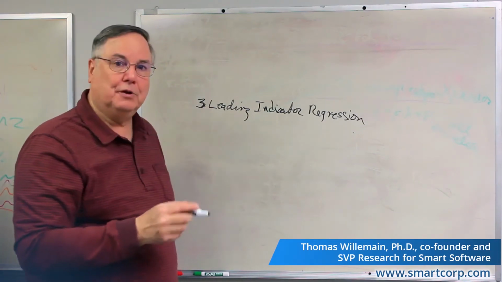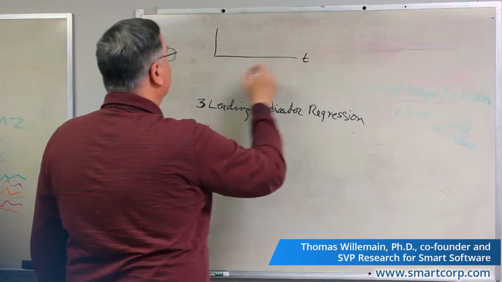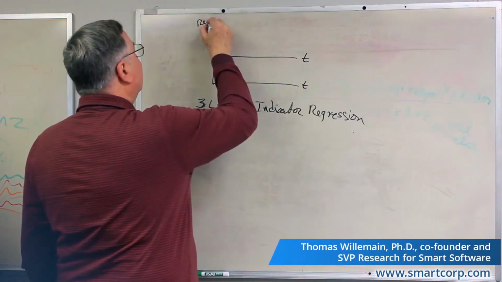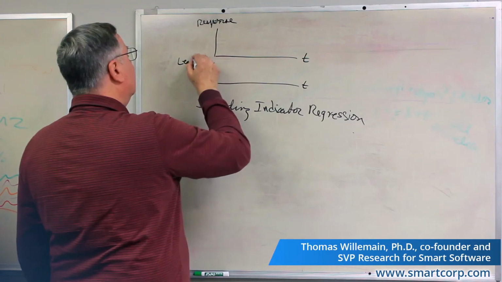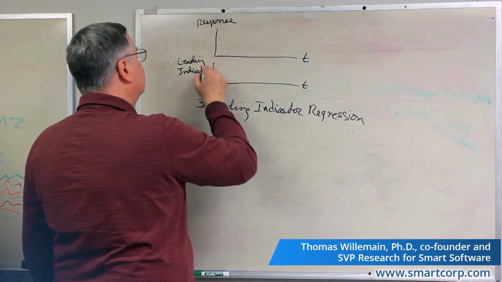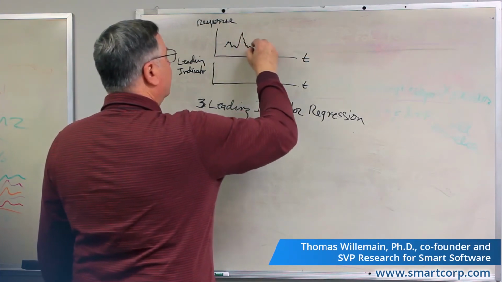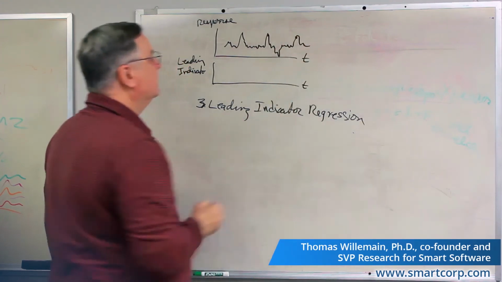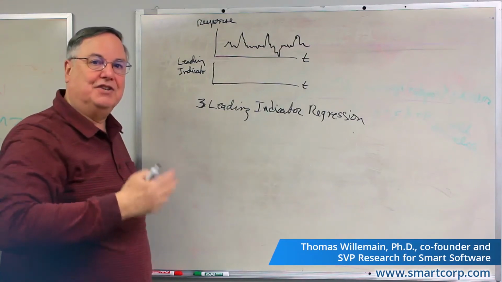So what that would look like in terms of time series, for instance, is suppose that we have the two variables. We have the response and we have the leading indicator, or what we think is a leading indicator. So the response might be, I'll exaggerate here, maybe the response does something like this. And so we see that something is influencing this and changing the value.